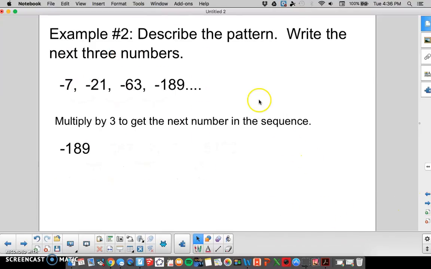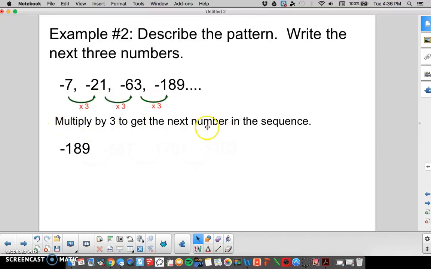All right, in example 2, we're going to describe the pattern. So we need to be describing these patterns in complete sentences. So when we understand what's happening, we can figure out new terms. So notice in this sequence, what's happening is I'm going from -7 to -21 to -63 to -189. And I'm multiplying by 3 each time.